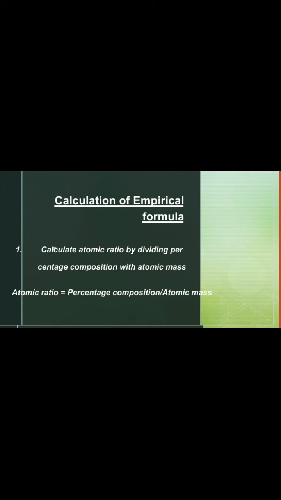And the atomic ratio can be calculated by dividing the percentage composition by its atomic mass. That is, atomic ratio is equal to percentage composition divided by its atomic mass.